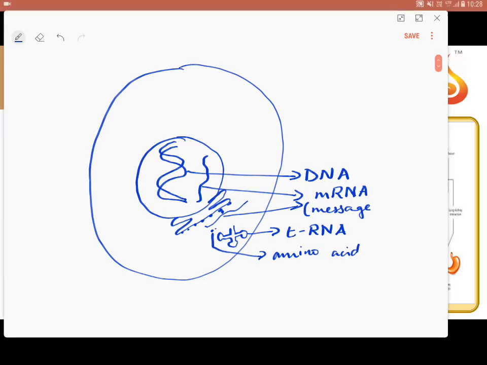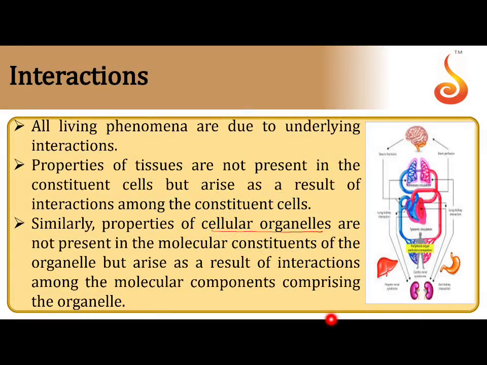One by one, tRNA carries amino acids, forming a chain, forming a protein chain. So what could these proteins be? Various proteins. For example, it could be insulin, which is a hormone to bring down the level of glucose in the blood.